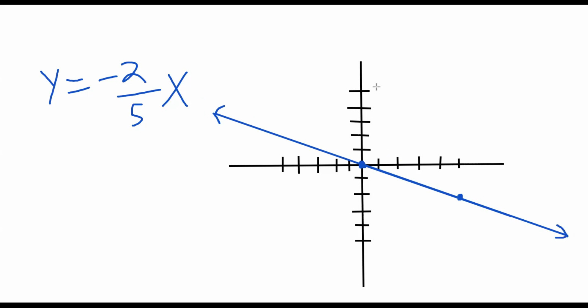And if we draw our cute little triangle, basically what's happening is every 5 units I go to the right, and you can draw the triangle anywhere, it falls 2 units, because it's a negative slope. So all kinds of interesting things happening with this one.